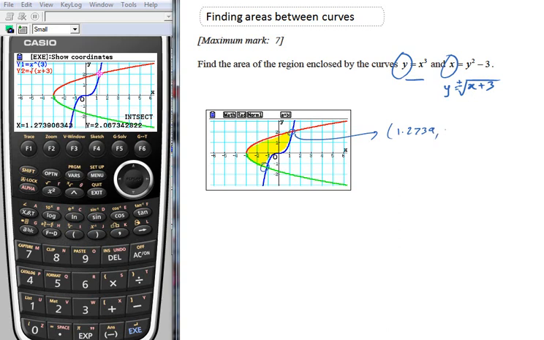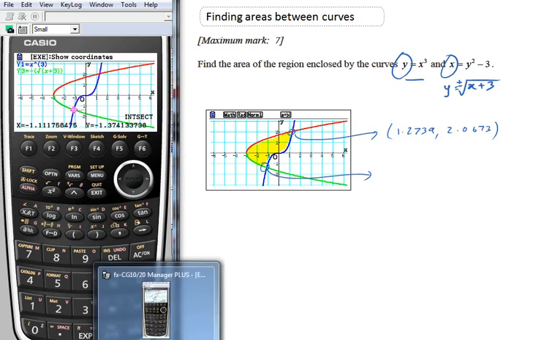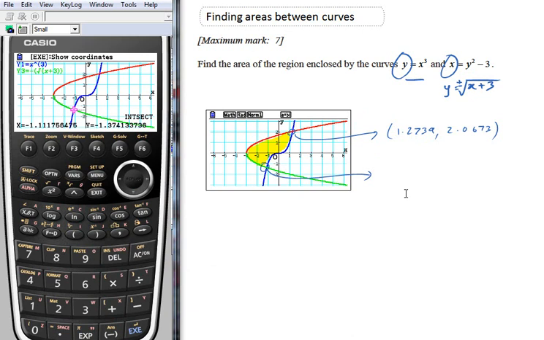You've got the intercepts off your calculator, so put them down. We also need this one. So we'll come back out of that, go back to G-Solve again, intersection. It will be that line again, but this time the line on the bottom, and so that's the second intercept we have.